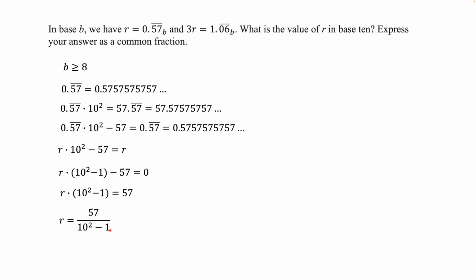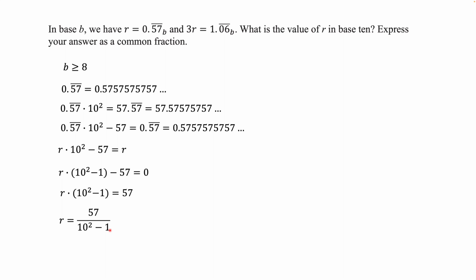Well, it's the number that comes after we exhaust all B digits, all B symbols that we can use to represent numbers. The system is base B because there are B symbols that represent digits.